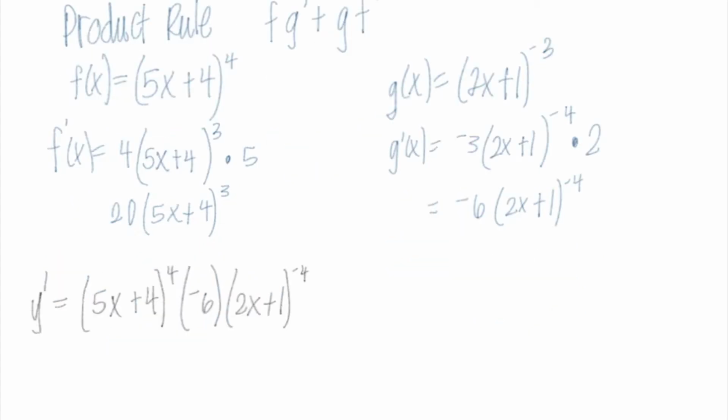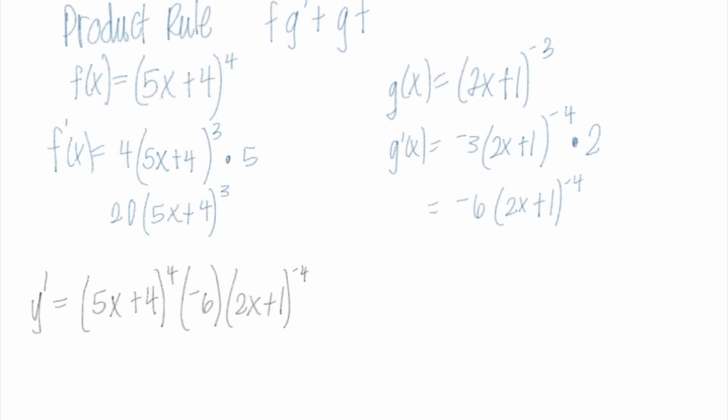With the product rule, I have the first function, 5x plus 4 to the fourth, which I just copied and pasted down, times the derivative of the second function, which we found to be negative 6 times 2x plus 1 to the negative 4. I copied and pasted that down again. I overuse parentheses sometimes. I use them correctly, but I like to block everything off and see each factor.